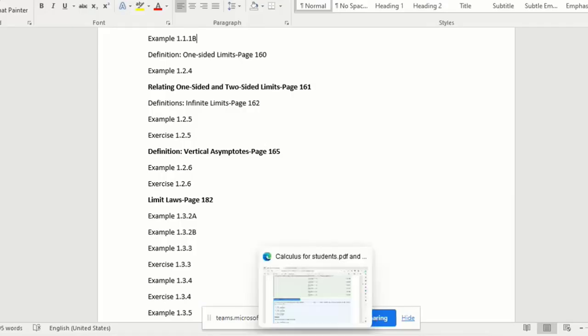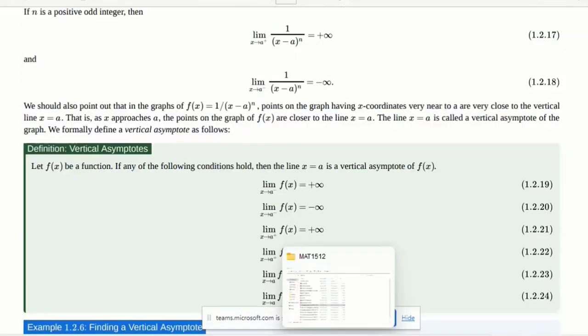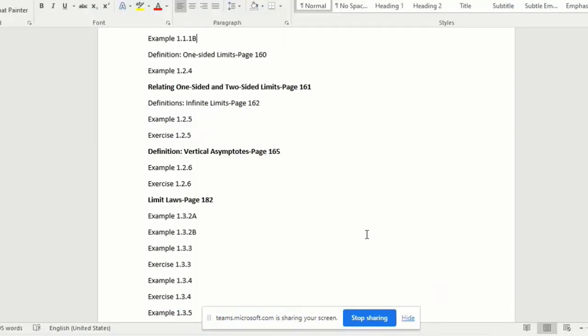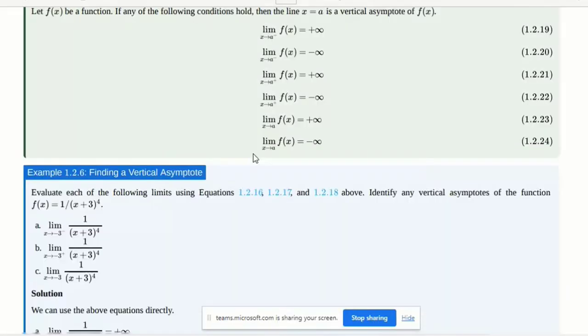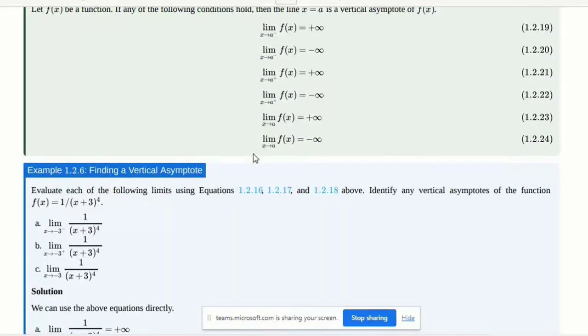Example 1.25, is it what we did? Then the next one is example 1.26. Is it exercise or example? Let me check clearly.